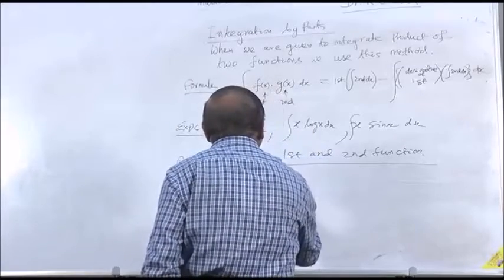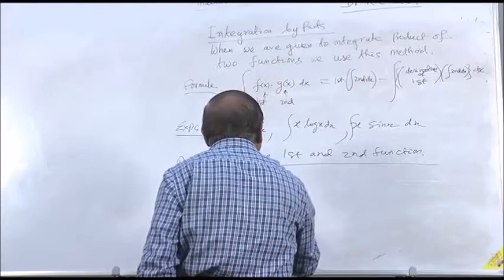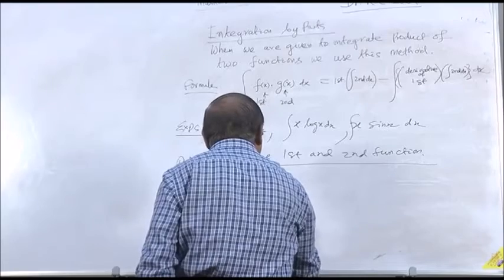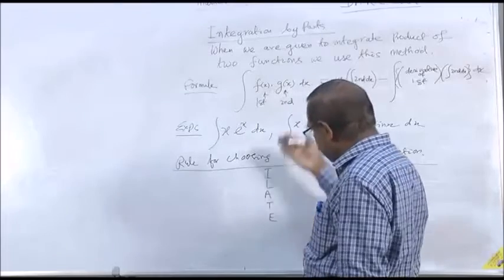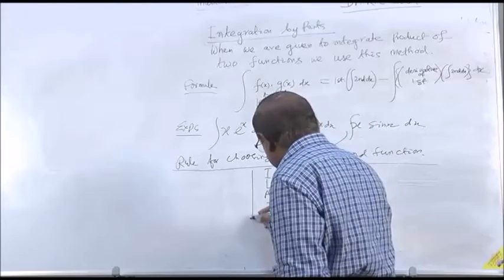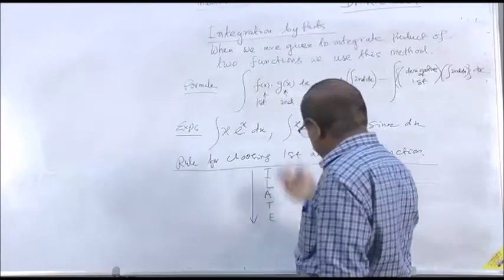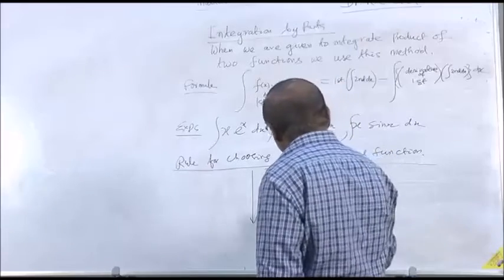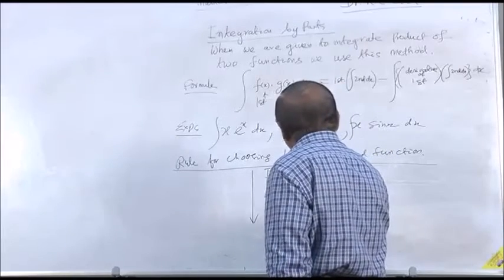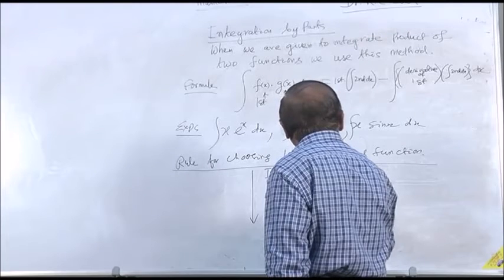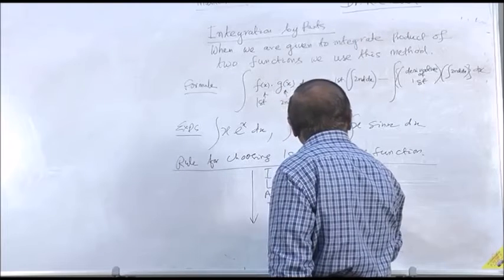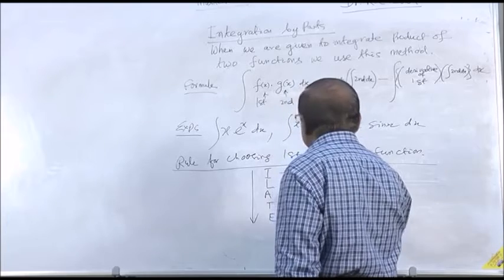It is called the ILATE rule. Sometimes in some other books they follow it like this, the LIATE rule. Some people write ILATE, some authors write LIATE. Both ways you can get the answer. Why is I there? I represents the inverse functions.